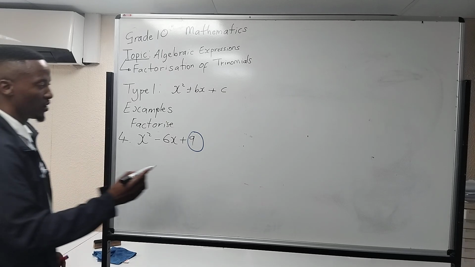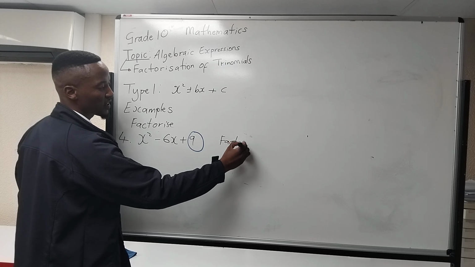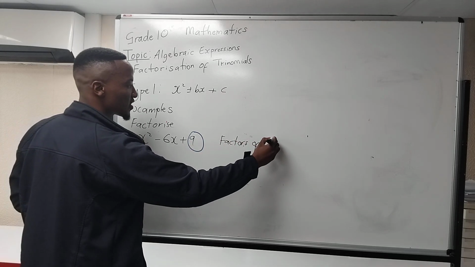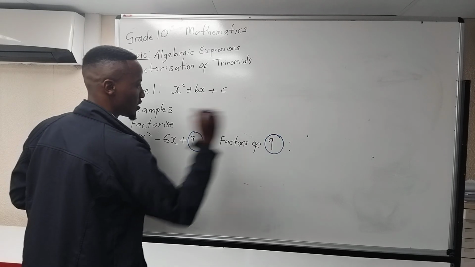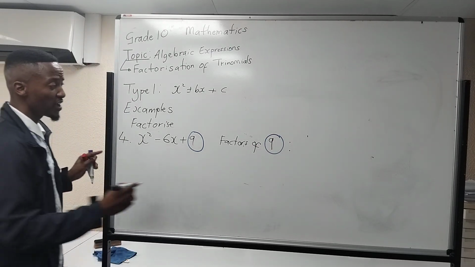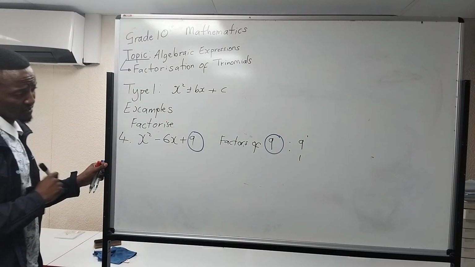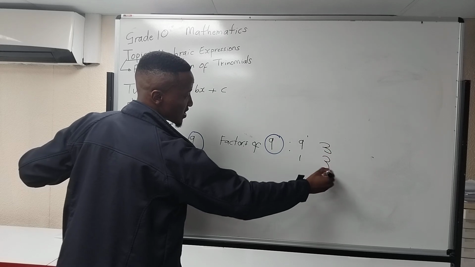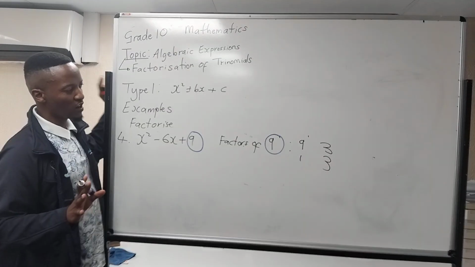Step 1, we have to find the factors of positive 9. Let's find those factors. We have 9 and 1, the first pair. The second possible pair, 3 and 3. That step 1 is completed.